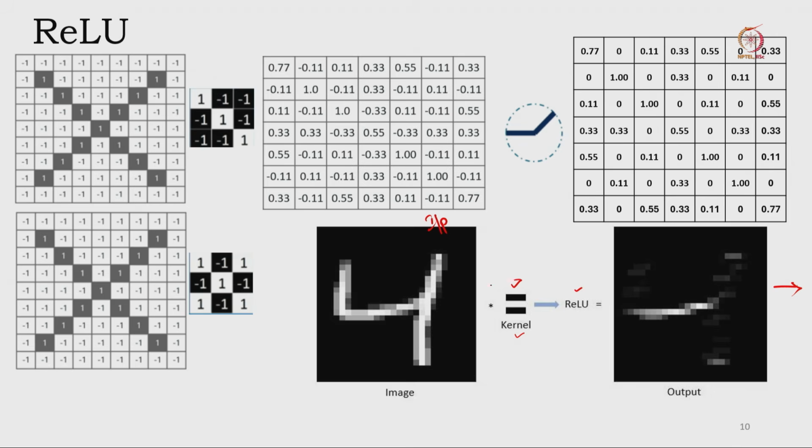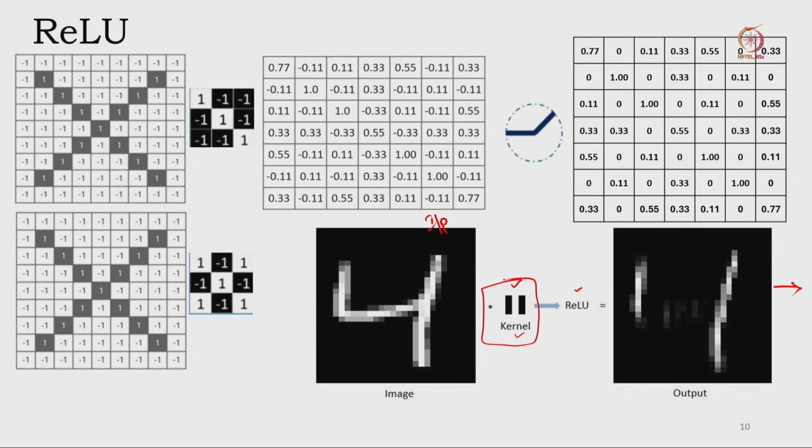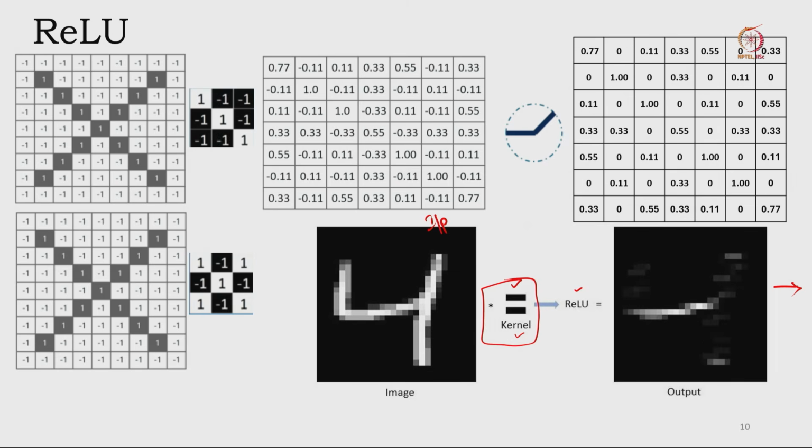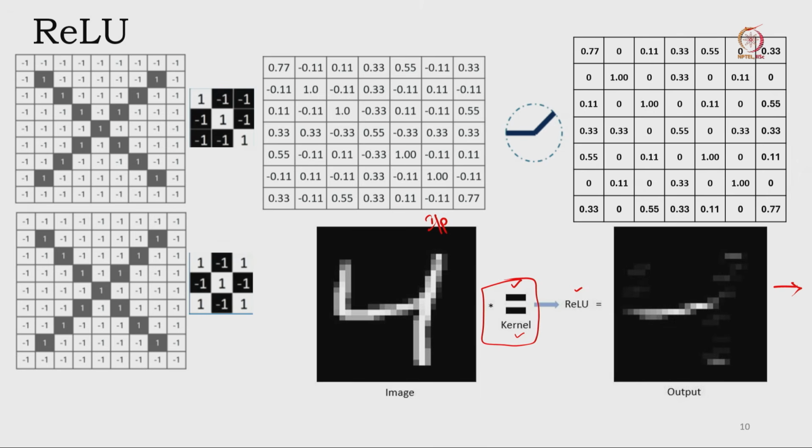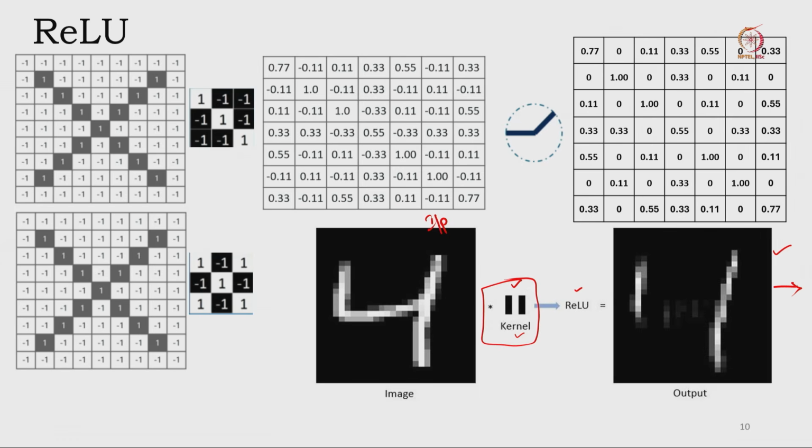Just observe this kernel and this kernel, there is a difference, right? One kernel is focusing on horizontal lines, one kernel is focusing on vertical lines. So, when you apply a different kernel, different features are extracted.